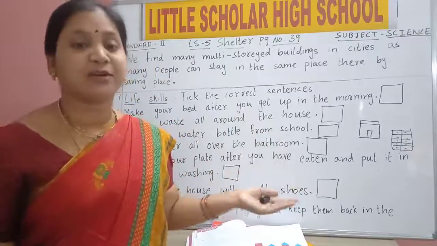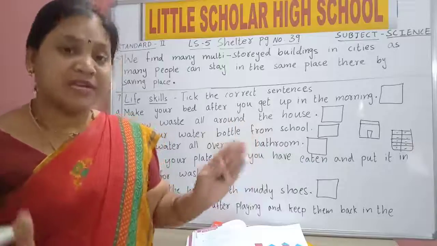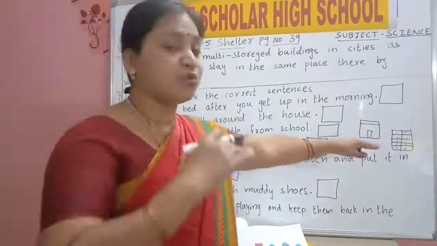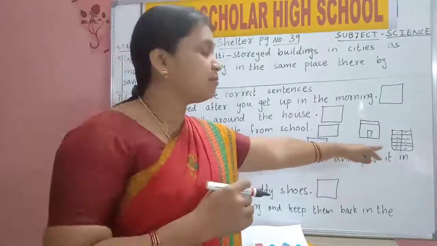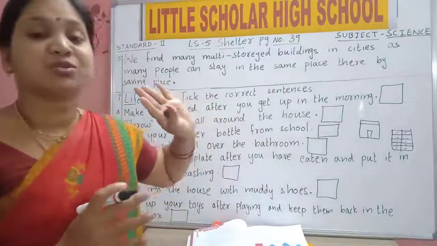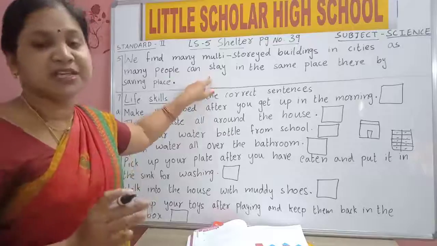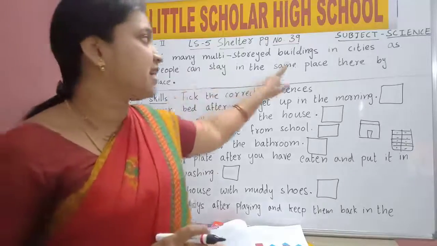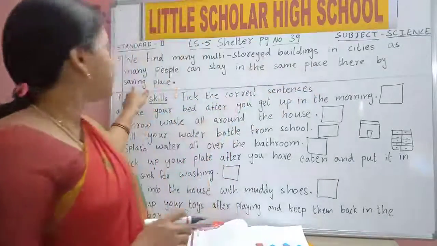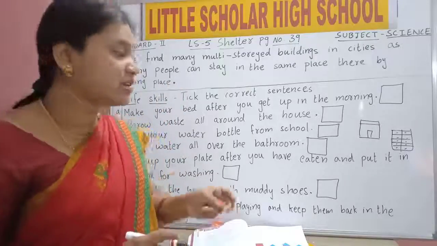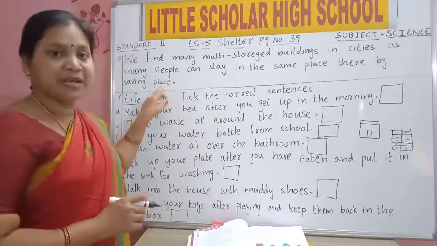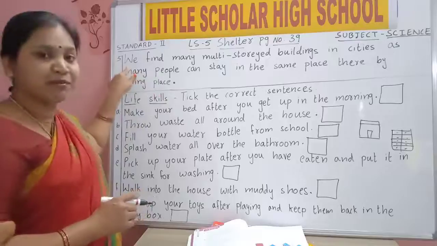Yes, more than that also. So in one place they have floors. In that many families live together to save place. Many people can stay in the same place, thereby saving place. For what are they staying together? To save place.